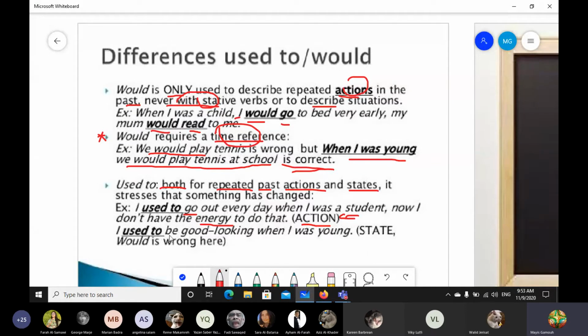I used to be good looking. شو هون استخدمنا ال state verb شو استخدمنا ال verb to be تمام so I could use it because it tells me about a state.